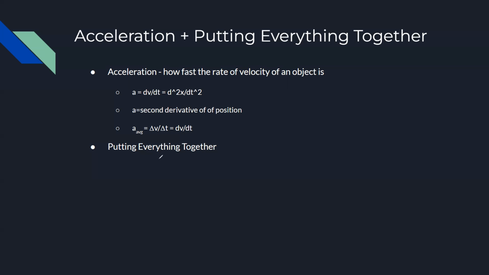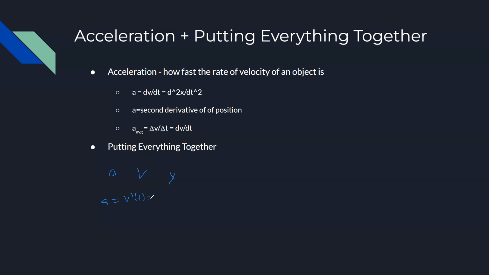So let's actually put everything together. So you have A, you have V, and then you have X. Acceleration is the first derivative of velocity. So A is v prime of t.